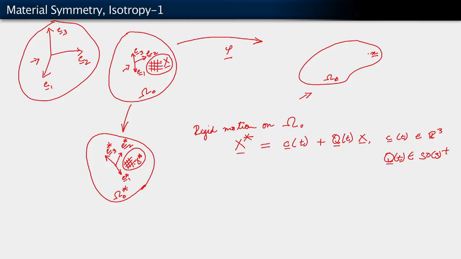Observe that in doing that, since I've applied this particular motion upon the configuration, we know that now our newly placed vectors are E1 star equals Q E1, and more generally Ei star equals Q Ei. We know about this.